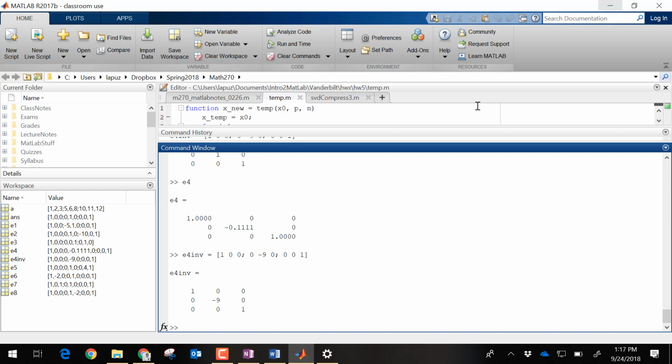So the test is to see what E4 times E4 inverse is, or E4 inverse times E4. We should get the same answer, right? Because when we're finding the inverse, it is commutative to get the identity.